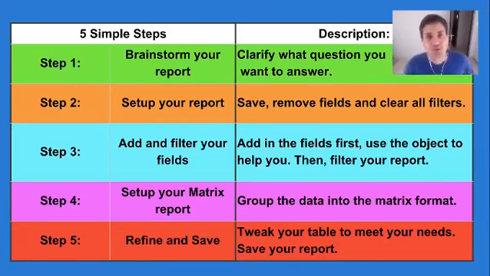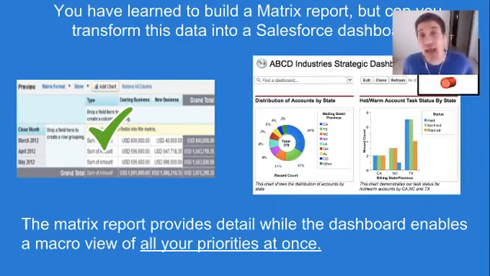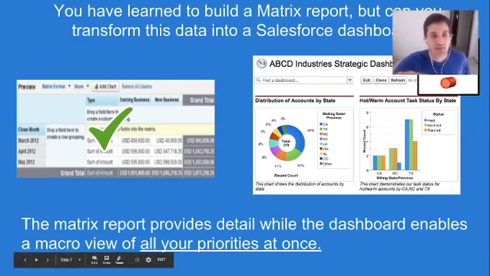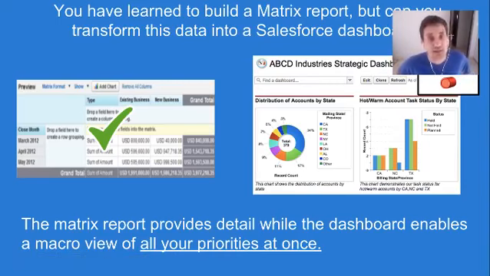So you've built yourself a matrix report, but can you transform this data into a Salesforce dashboard? A matrix report is a great way to see details, right? For example, your sales figures. But what a dashboard does is help you see this information visually, your priorities. For example, right here, we can actually see a donut chart that shows you that California actually makes up 34% of the states, right?